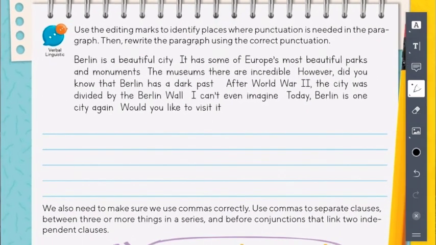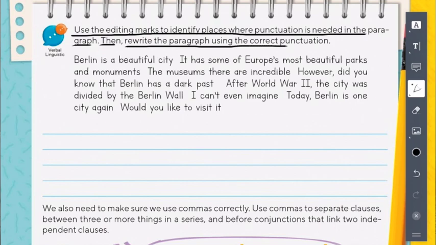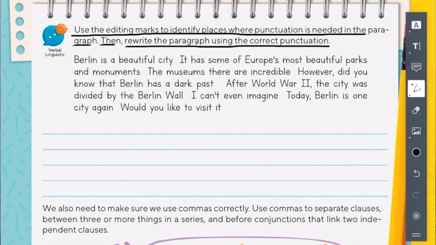Okay, easy. Let's read the instruction. Use the editing marks to identify places where punctuation is needed in the paragraph. Then, rewrite the paragraph using the correct punctuation. Okay, so we're going to read this paragraph and we're going to identify where this paragraph needs punctuation, and we're going to rewrite all the paragraph with the correct punctuation.